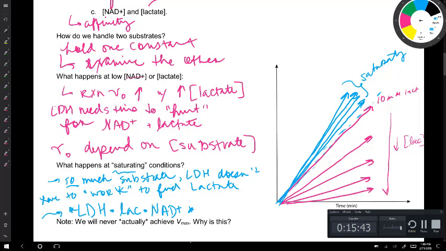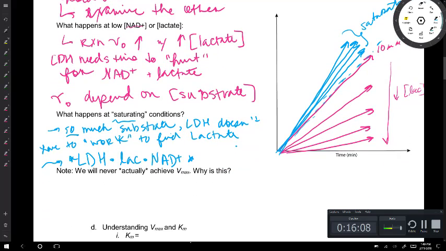And so we can think of this, the speed or the velocity that the enzyme approaches when it's 100% saturated with substrate is known as the Vmax, or the maximum velocity.